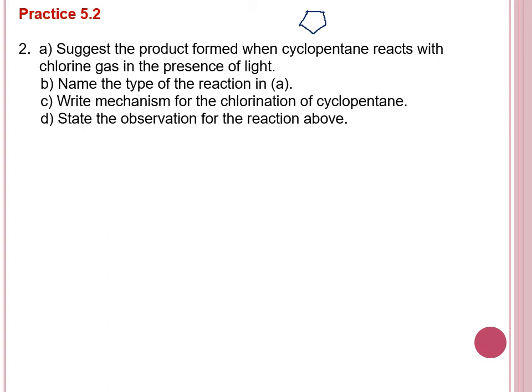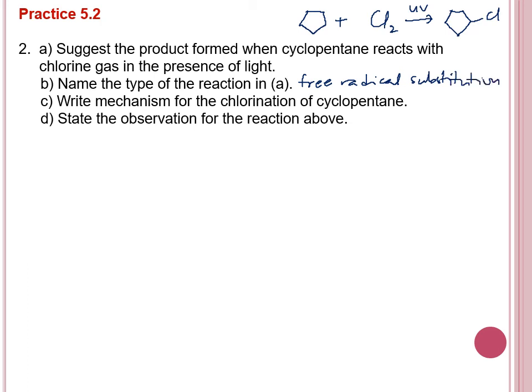So when we react cyclopentane with chlorine, so chlorine is there, and then UV we must have that, and we are going to put 1 chlorine attached to the cyclopentane. We're going to produce chlorocyclopentane. Name the type of reaction in A. Of course, it is free radical substitution.